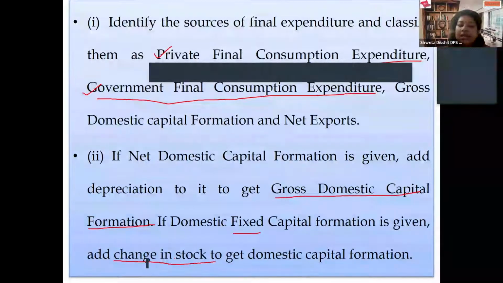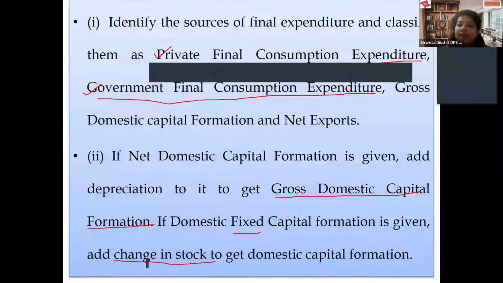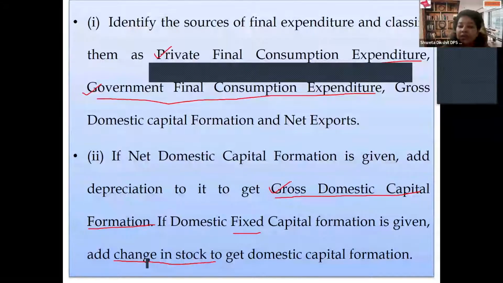So adding inventory, that is change in stock, and the fixed capital, we get the value of GDCF. So in other words, GDCF is equal to gross domestic fixed capital formation, I repeat, gross domestic fixed capital formation along with this change in stock or change in inventory.